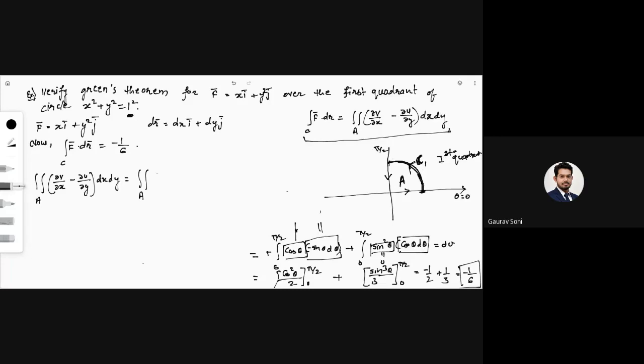But to make this a closed curve, I will also have to take C2 and C3. What is C2? C2 is the line from this point to the origin. Okay, so let me just complete that.